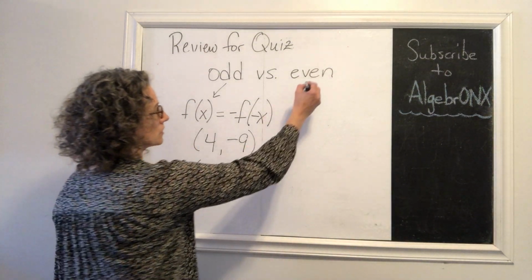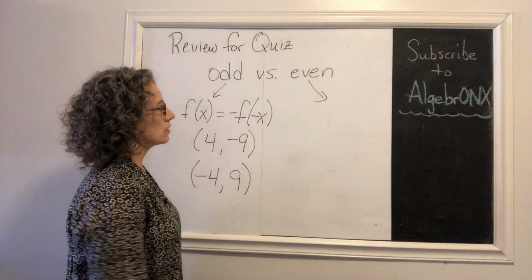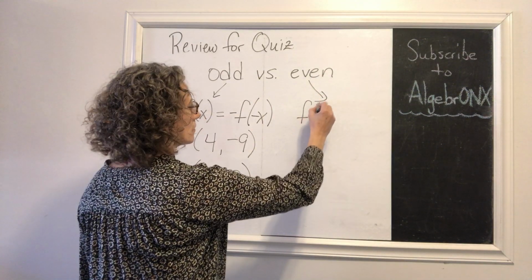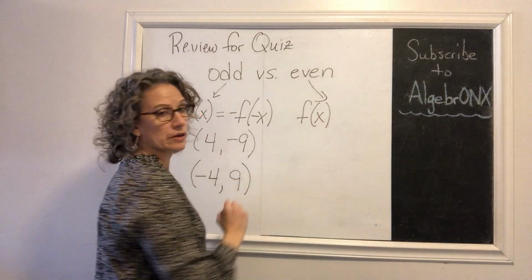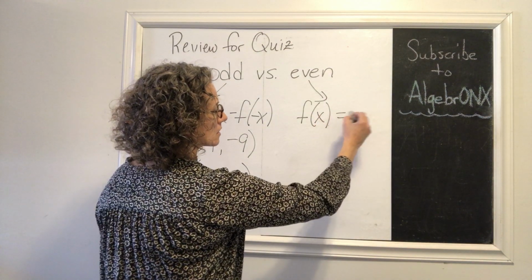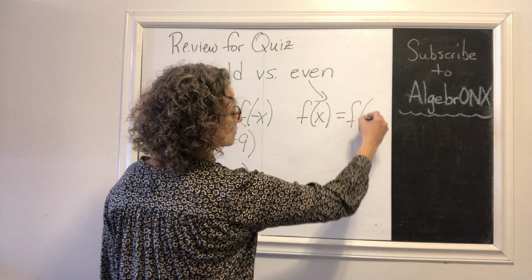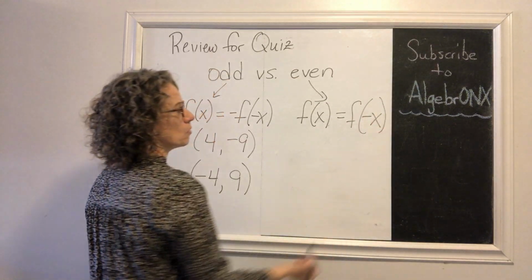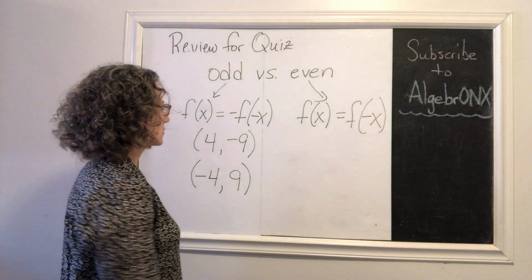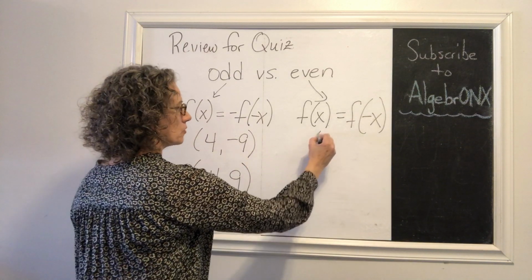Now an even power means that if I have a value of y for a specific x, when I make that x negative, it will not change the value of y, and that's an even function. So again, let's use the same point.